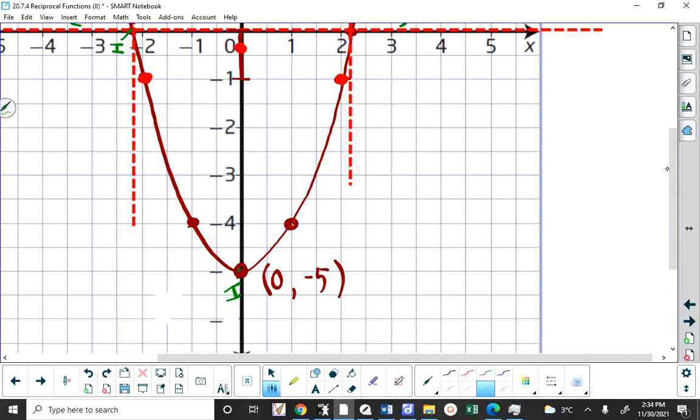So the reciprocal must be, in general, climbing, climbing, climbing, climbing, and then from point 2 to point 3, the original function is climbing. It's going from -5 to -4. It's climbing, which means the reciprocal has to be decreasing. So that's what we have to draw in here.